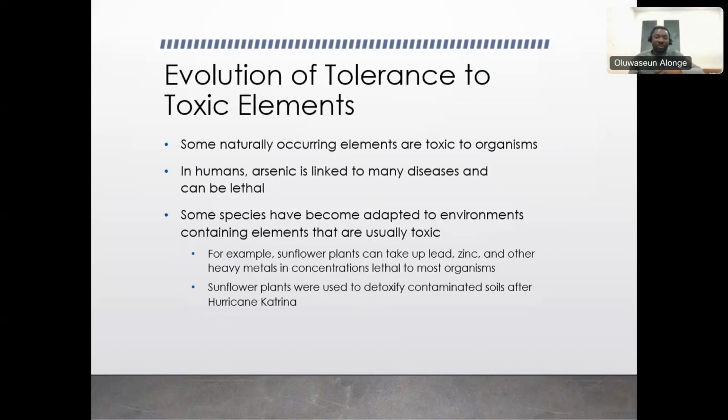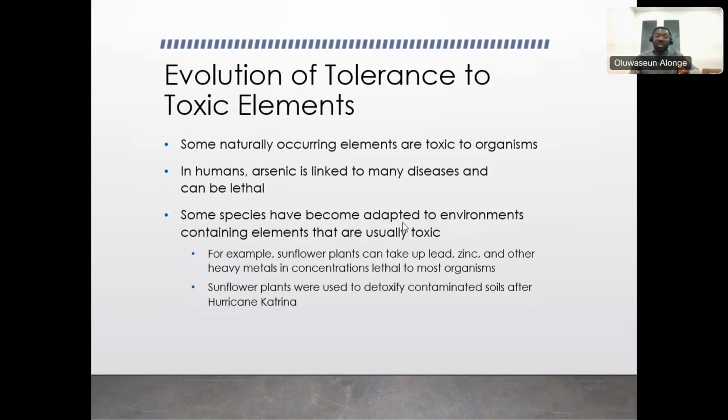Now, some naturally occurring elements are actually toxic to organisms. For instance, many diseases are traceable to arsenic, which is also poisonous and can lead to death.